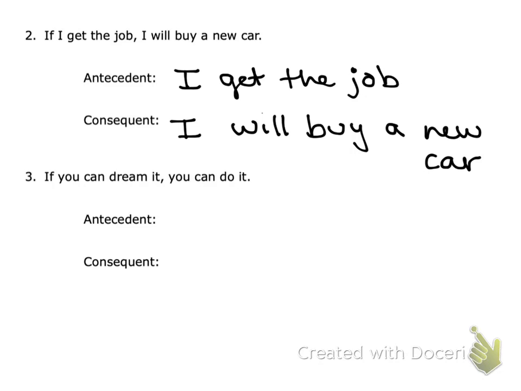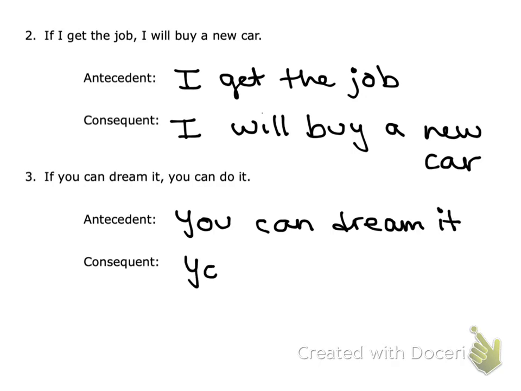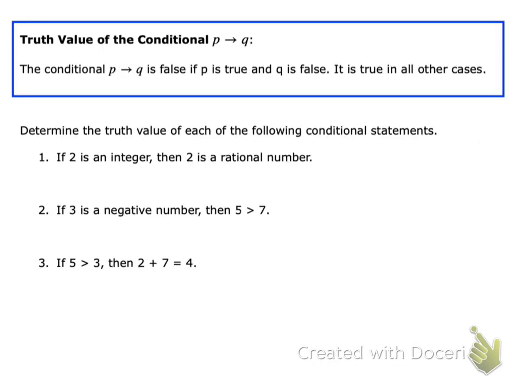The antecedent, you can dream it. The consequent, you can do it. Any questions on just recognizing antecedent or consequent? And we'll come back to that shortly for when we talk about other forms of these statements.